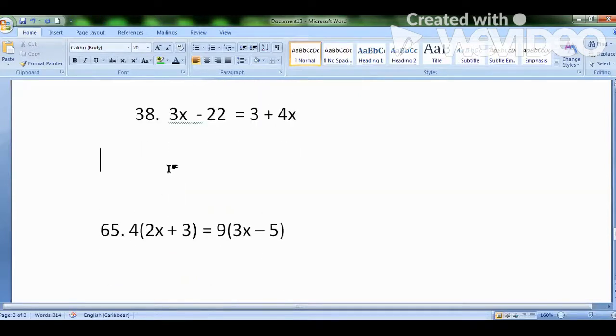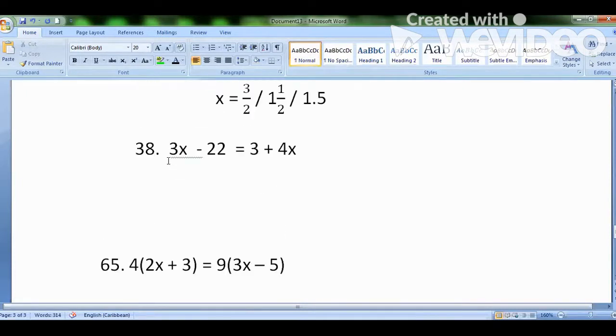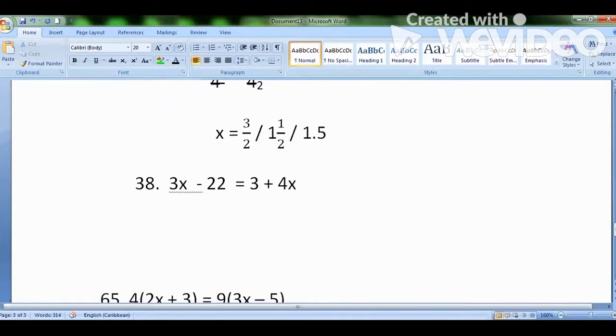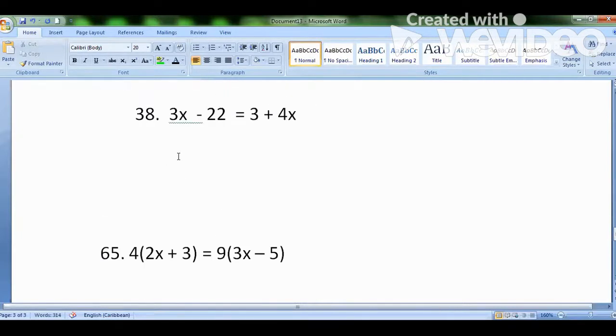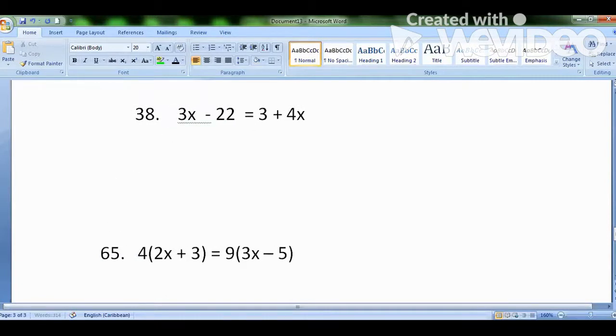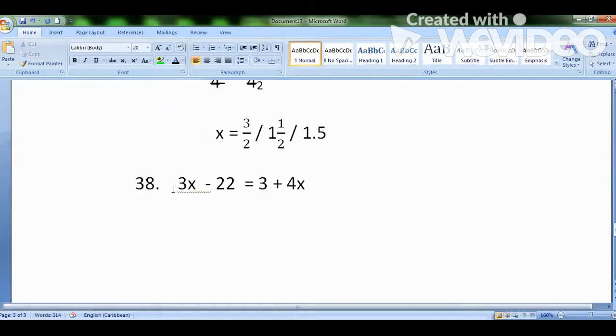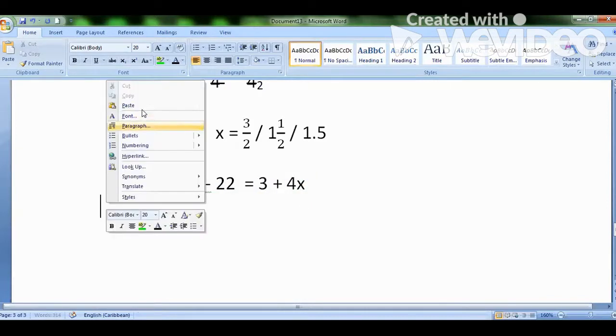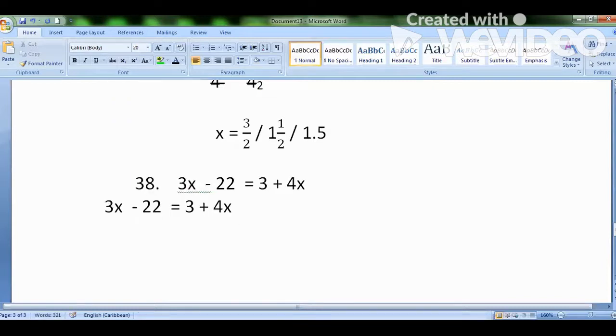All right, let's look at 38. Anybody want to give this a try? So you're going to have 3x minus 4x minus 20.